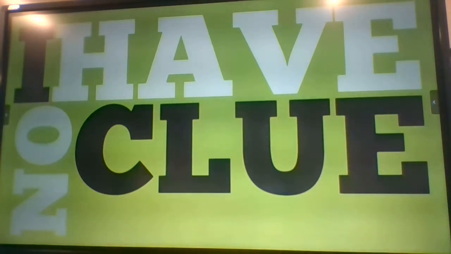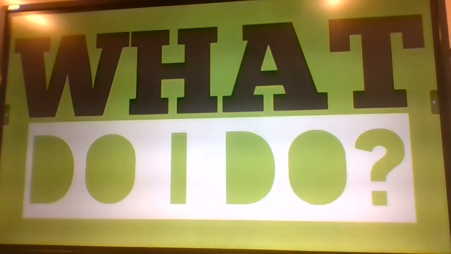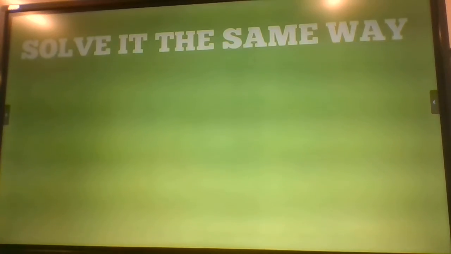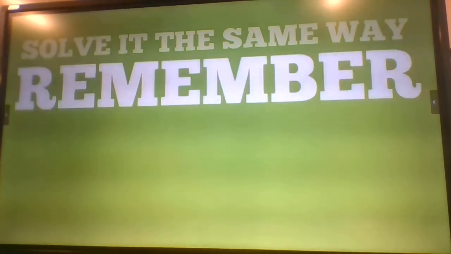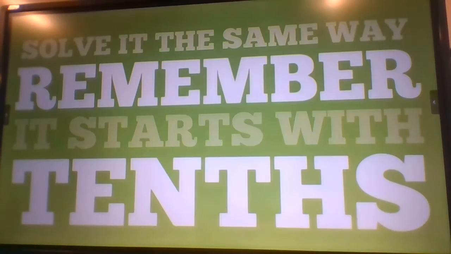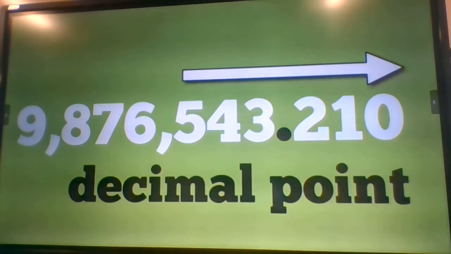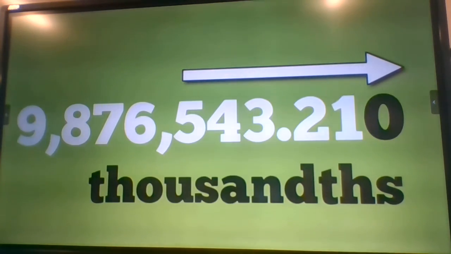I hate to say this, I have no clue. Don't get this at all. What happens when and what do I do to the right of a decimal? Solve it the same way. Starts with tenth, you know. Spelled it the same way. THS, good to go. Start with the decimal and you work to the right. You got the tenths, hundreds, and the thousands.